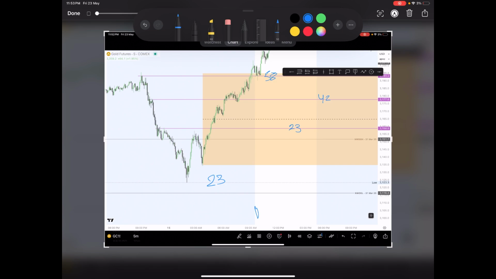So each $1 move per contract in gold is $100. So if you're taking 5 contracts here, and you're exiting 3 contracts, 1 contract, and 1 contract here, the total amount of money you are making is as follows. You're making $6,900 here, $4,200 here, and $5,800 here.